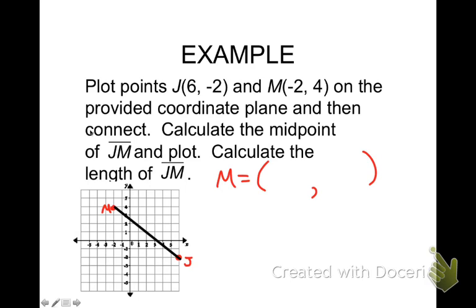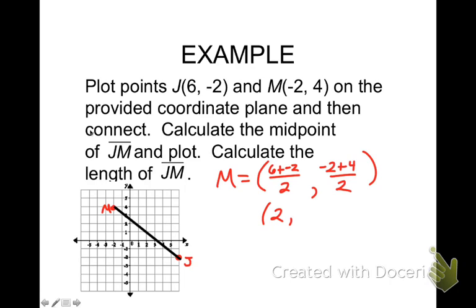What are my x's up here in my ordered pairs? Good, so 6 plus negative 2 divided by 2. And my y's are negative 2 plus 4 divided by 2. Okay, let's do some mental math. 6 plus negative 2 is 4 divided by 2 is 2.